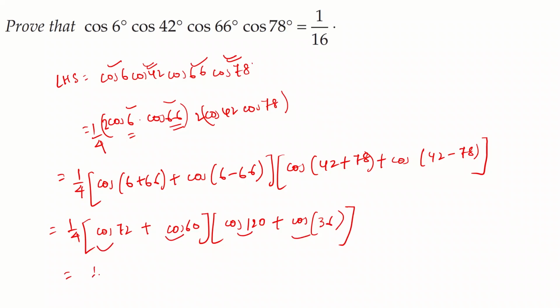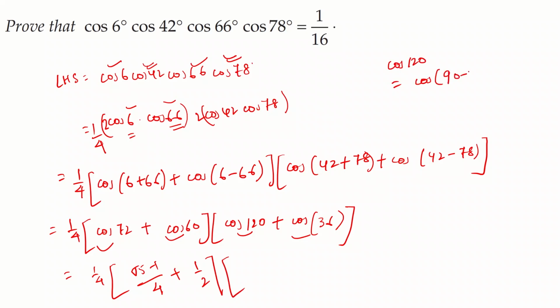Alright, so cos 72 degrees is (root 5 minus 1) by 4. Cos 60 degrees is half. Cos 120 degrees, okay, let's simplify it over here. Cos 120 is cos (90 plus 30).